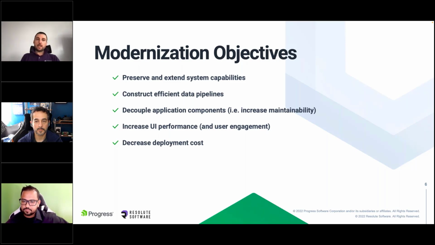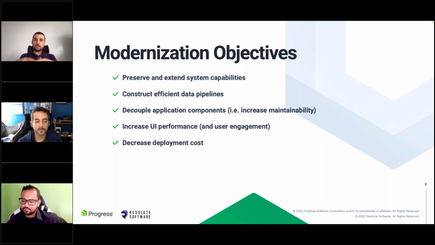We see a category of objectives that are driving the modernization projects that we are taking up nowadays. The typical modernization objective has to do typically with preservation of the main system capabilities, what we call the table stakes.